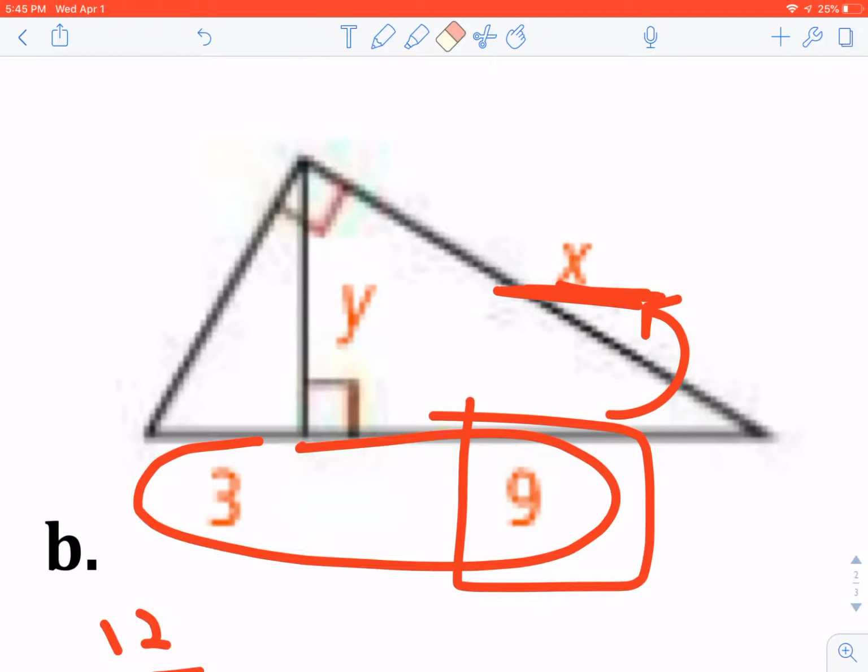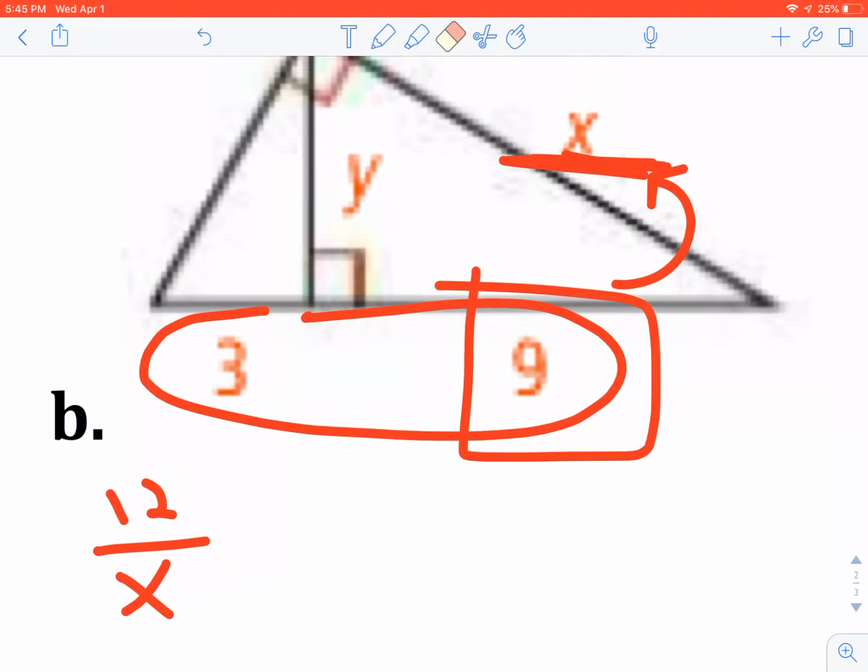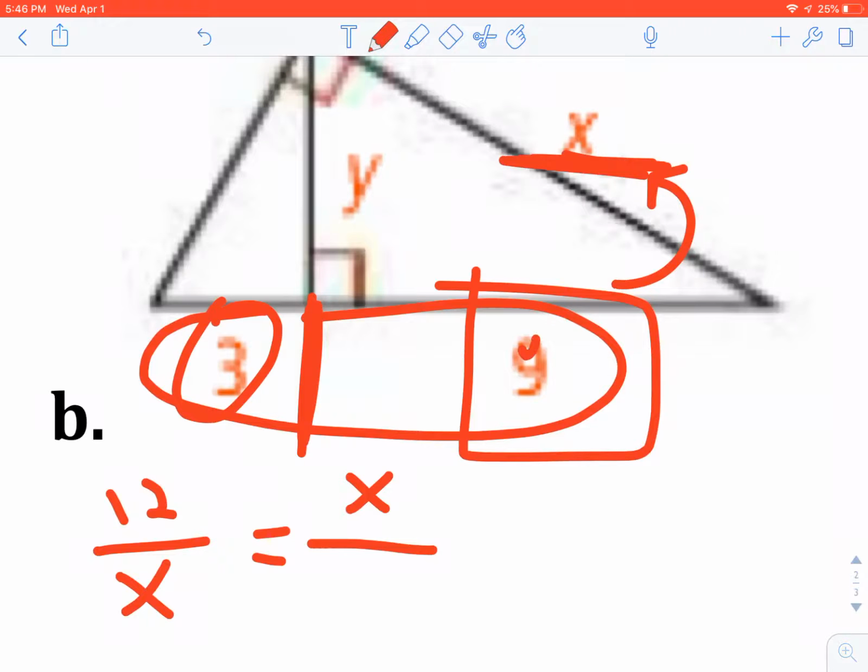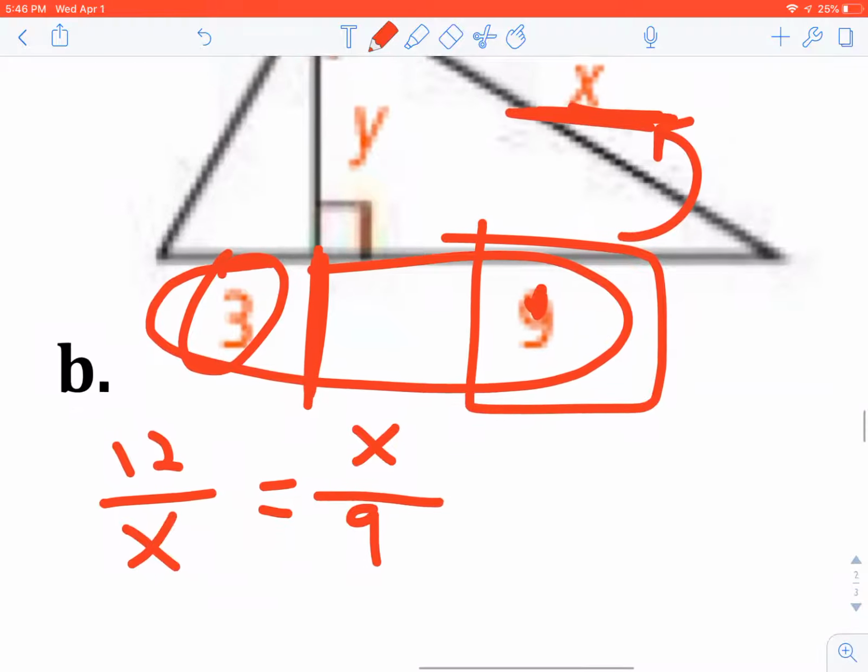Okay, so again, the whole hypotenuse, which is now 12 because 9 plus 3 gives you 12, is to the leg X, as the leg is to the part of the hypotenuse. So it's split in half. This is a part, and that's a part. 9 is the part that is closest to that leg.